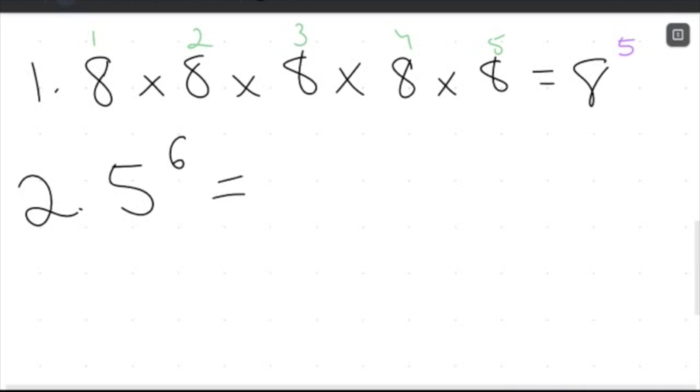So to do this, well, I'm just going the other way, right? My ideas still apply. So what's my base? Well, it's 5. So 5 is going to be the number I'm multiplying by itself. And the power 6 just tells us how many 5s I need to include for these multiplication operations. So all I have to do is just write out 6 5s, all multiplying by each other.